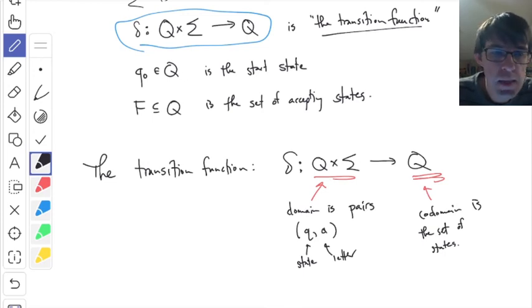And this is exactly how those arrows are supposed to function, because the arrows have an origin state, they also have a letter on them, and then they point to some destination or some result state. All right? And so as a function, we express this as a state together with a letter, and the answer is another state where the arrow goes to.